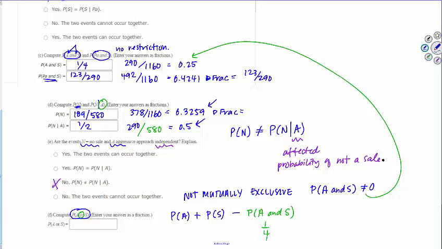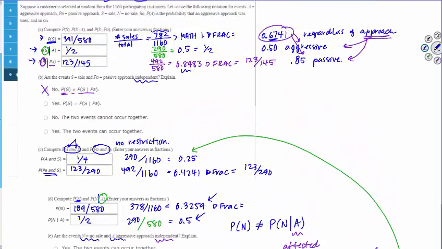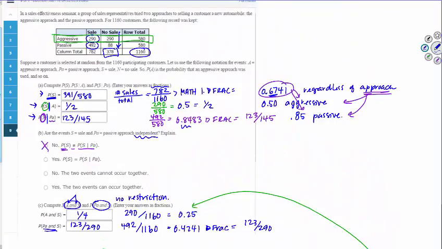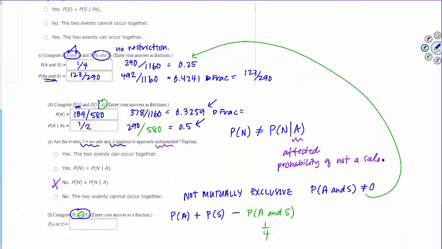And I have to go back and look at the table for the probability of aggressive and the probability of a sale. The probability of aggressive, no restriction, remember, just what's the probability that we have aggressive out of the total is 580 out of 1160.